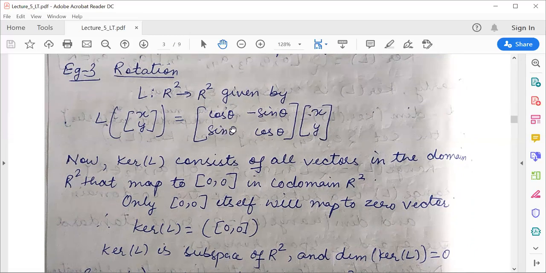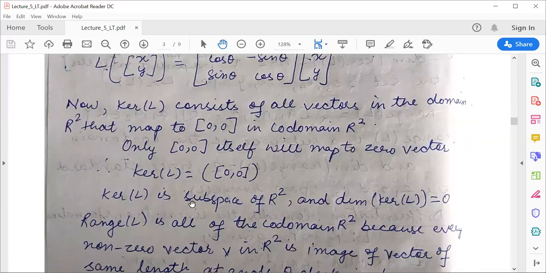Here your angle theta is already fixed. So the 0 vector will depend upon the values of x and y only, and 0, 0 itself will map to the 0 vector. So the kernel of L will consist of this vector only, that is 0, 0, and clearly this is a subspace of R square, and the dimension of this thing is equal to 0.